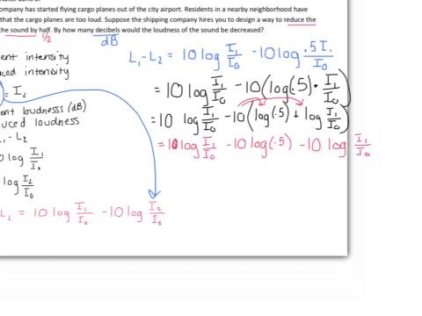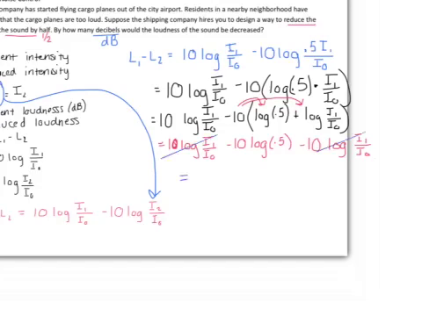What is our first term of this whole thing? 10 log I1 over I0. And what's the last term? Negative 10 log I1 over I0. So what happens to those two terms? Both go away. They cancel each other out. Yay! And all of our I's are gone.